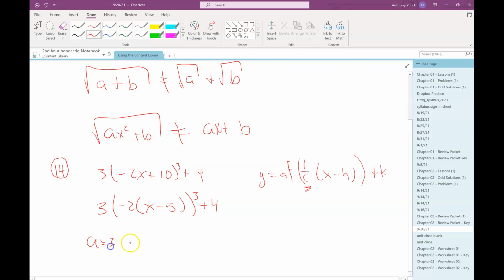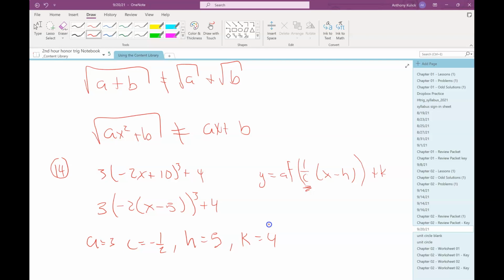So the a here is 3, the c is -1/2, the h is 5. Almost everybody missed that and said the h was -10. Very few people caught that.